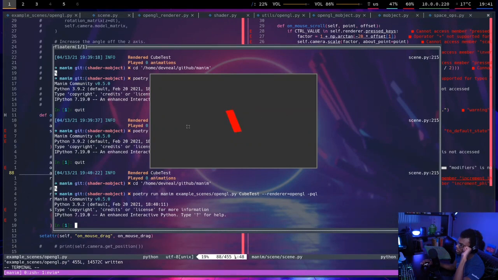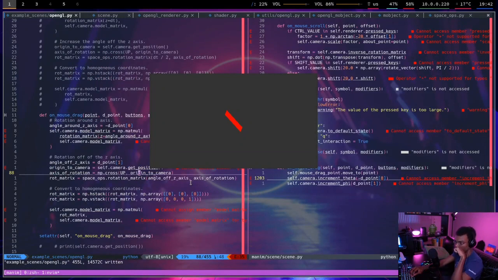I can tell this is still rotating around the z-axis, but the orientation of the camera has changed. So why is the orientation of the camera changing when I rotate off the z-axis like this?